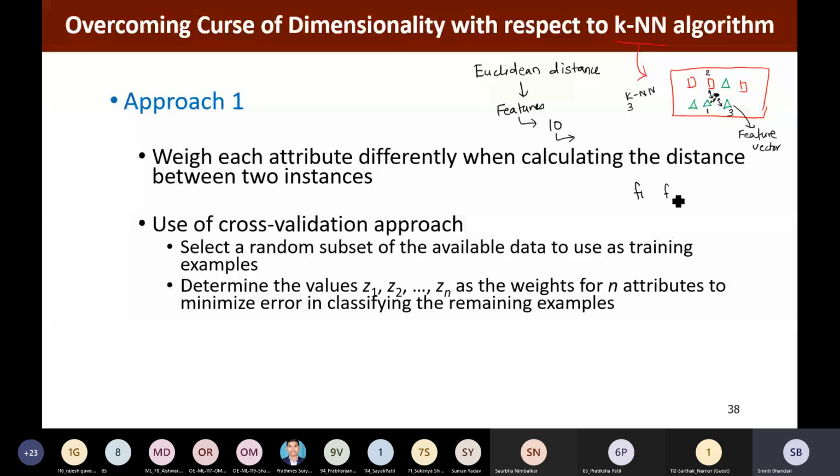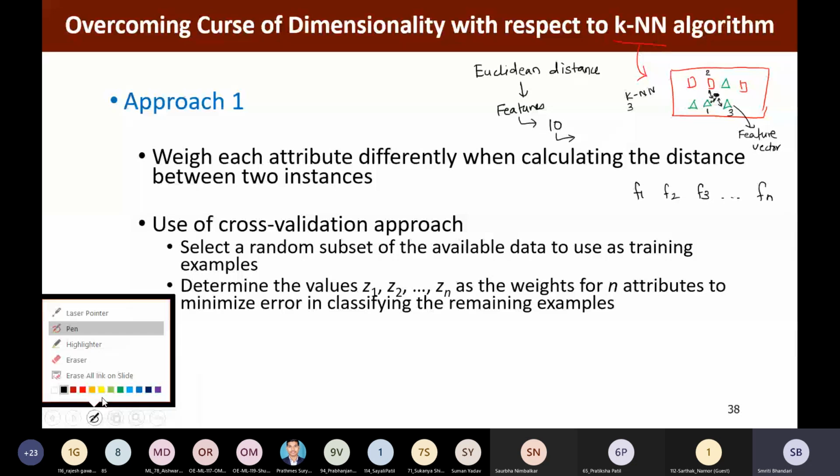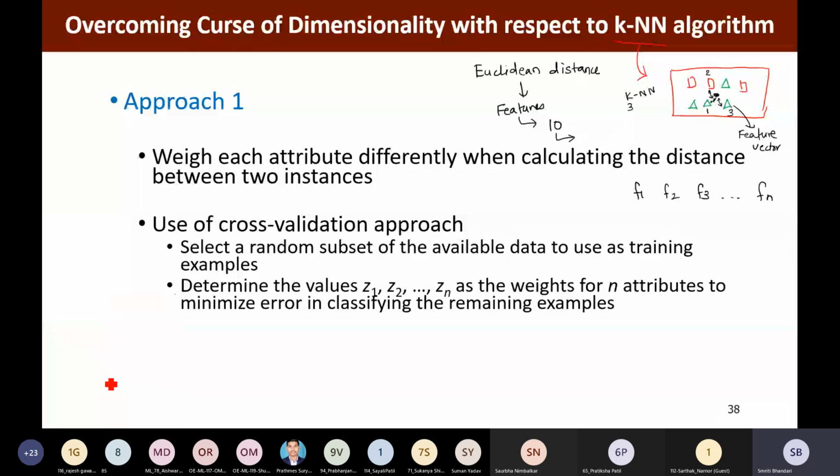Right? So suppose I am having, say, feature 1, feature 2, feature 3 and so on up to feature n. Then what I am going to do is, I am going to associate with every feature some weight. So Z1 is the weight associated with F1. Z2 is the weight associated with F2.